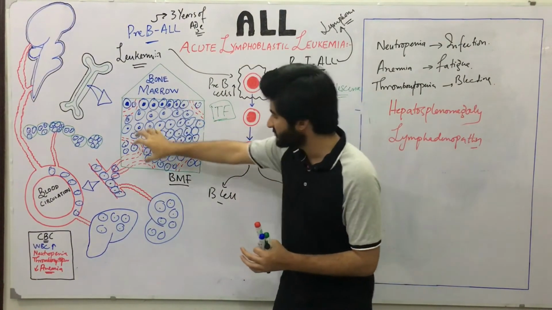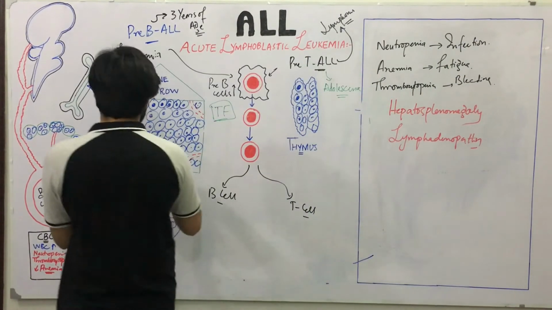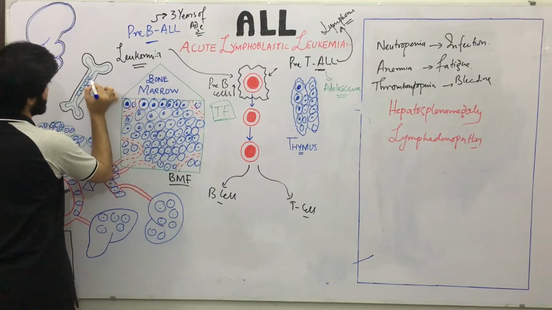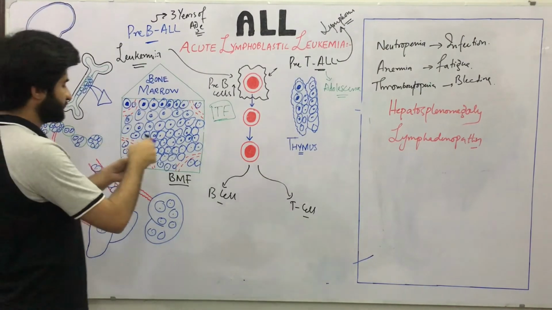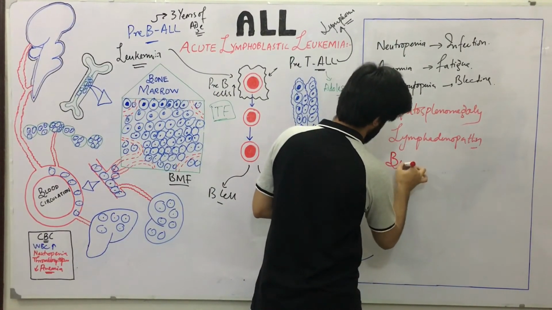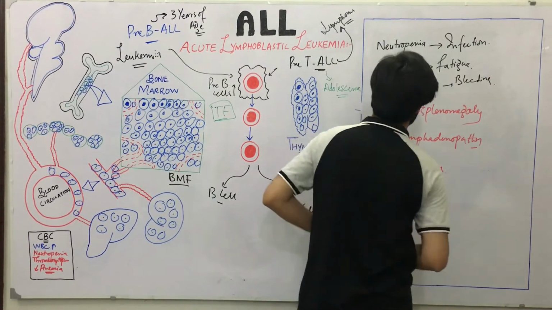That is, the bone marrow is hypercellular. As this bone marrow is hypercellular, these cells will infiltrate the periosteum of the bone, and as they infiltrate the periosteum of the bone, we will also have bone pains, bony pains. What else?